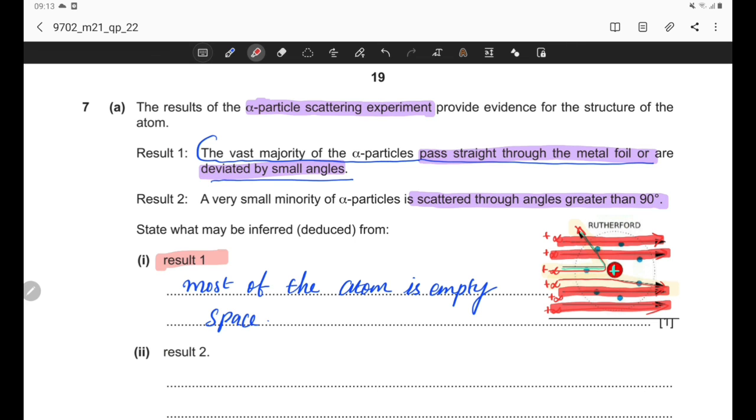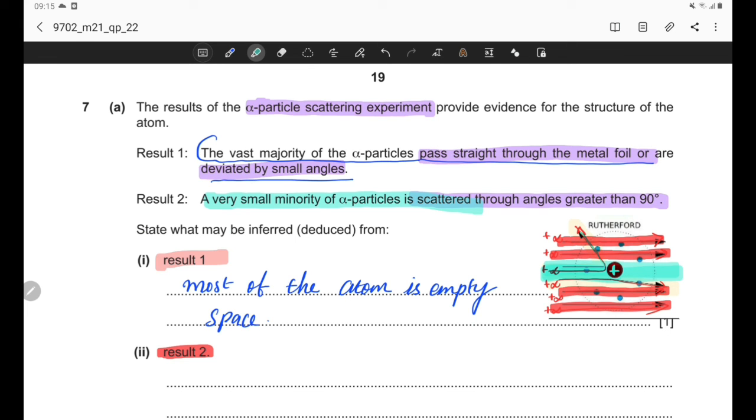Result 2, we should write the explanation for result 2. So now we should give the reason why a very small minority of alpha particles are scattered, or why very few alpha particles are scattered at an angle. Because when they are moving towards the positively charged nucleus, as alpha particles and nucleus are both positive, they will repel away, and the size of the nucleus is very small.